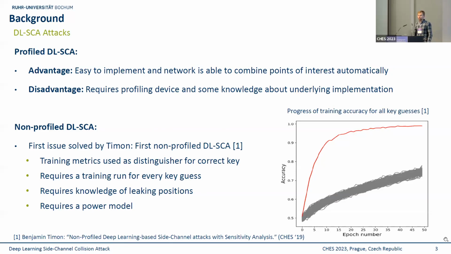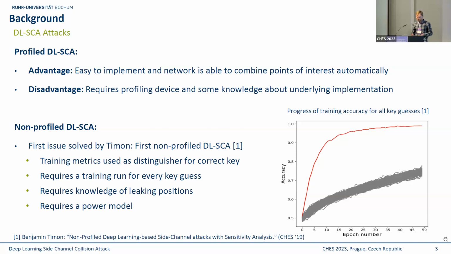His attack works well, but it requires a training run for every key guess for only recovering a small part of the key. Also, his attack relies on a small range of sample points that perfectly cover the relevant leakage, which is obtained by calculating the SNR of secret intermediate values beforehand.